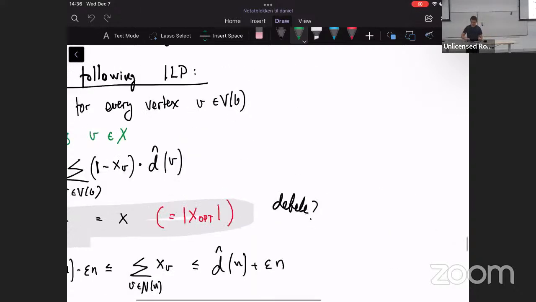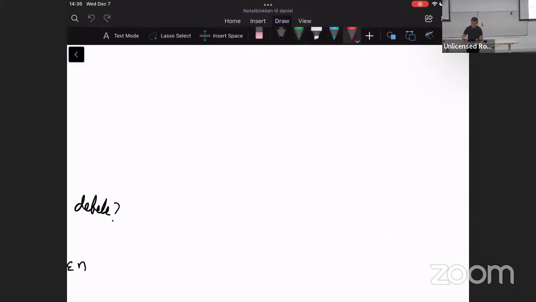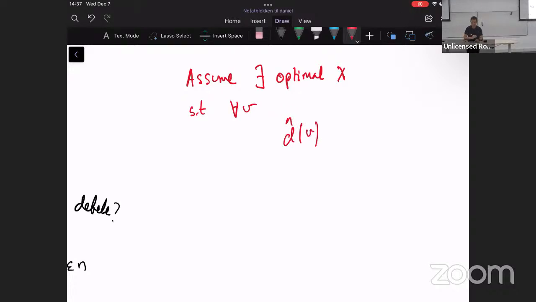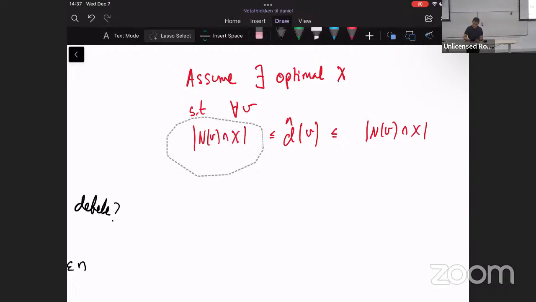So from now on, we just assume that there exists some optimal solution X such that for every vertex v, the estimator degree of v, which is our estimate for the number of neighbors into X, is between the neighborhood of v intersection X, which is just the degree of v into X, minus epsilon n, and the degree of v into X plus epsilon n.